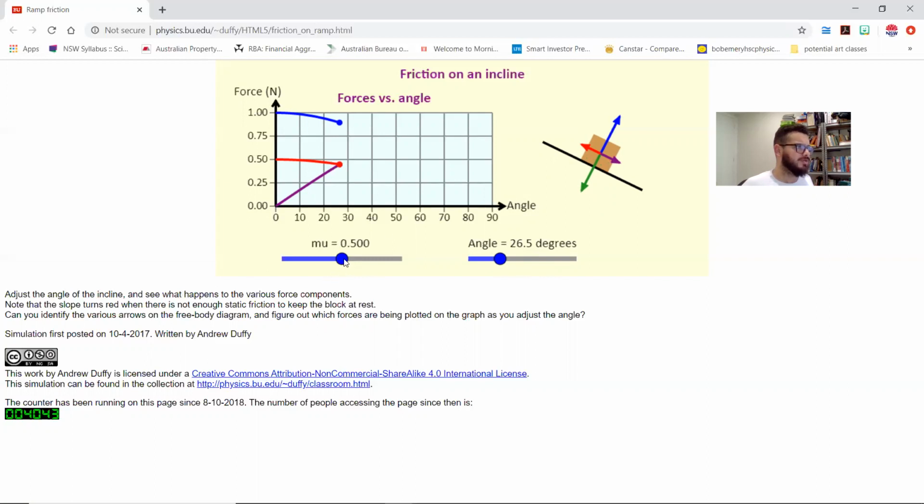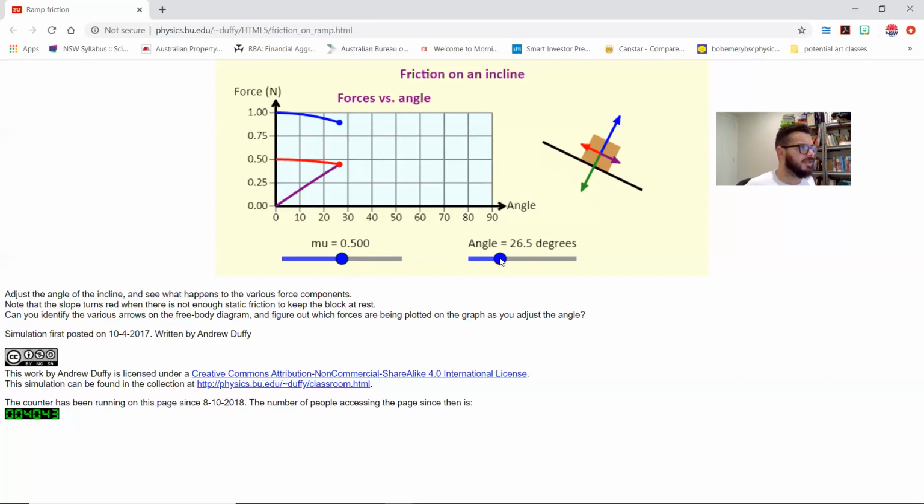I mean, you could possibly increase the friction force, and therefore that weight force would have to increase. But in this particular instant, where that value is equal to that, they have intercepted, and therefore that object is at its point where it's going to start to slide down, right?